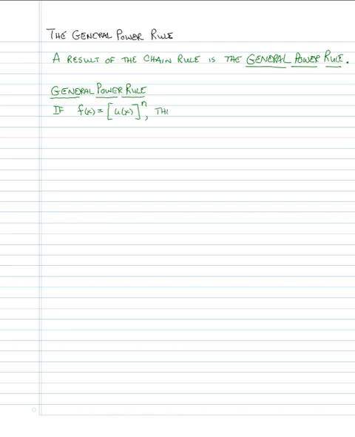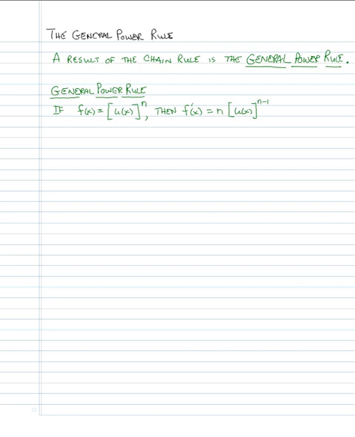Then the way we find the derivative of f, that is f prime of x, is this. We bring the exponent down, the exponent of n, and we write it in front of the parentheses. And then the new exponent we have, of course, is 1 less than the old exponent. So that looks very much like the regular power rule.